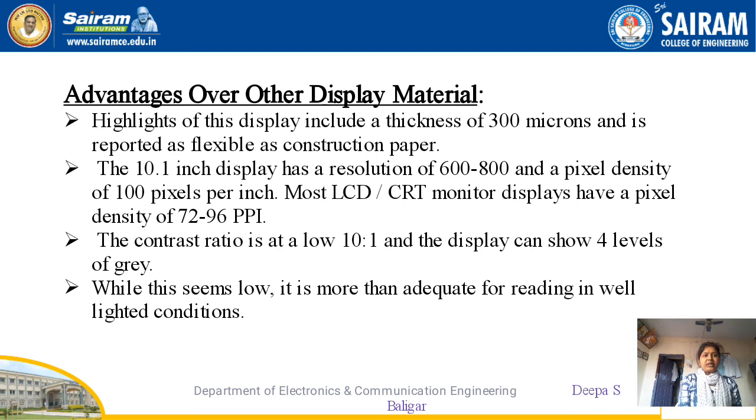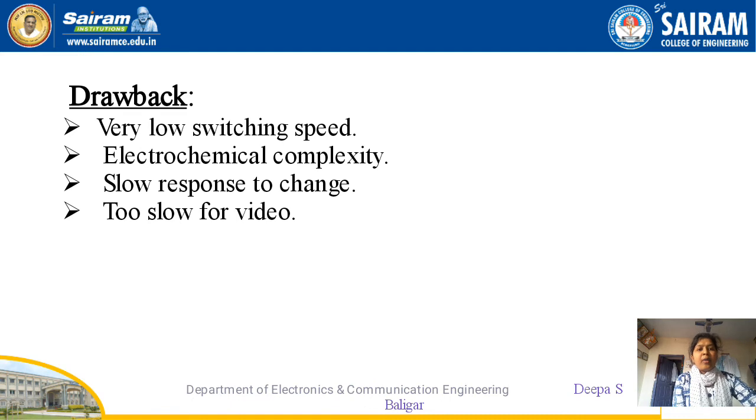The display material is 300 microns thick, and the Gyricon is between 70 and 160 microns, and the contrast ratio is 10 to 1, with 4 level gray. Drawbacks are very low speed, electrochemical complexity, and slow response, too slow for video.